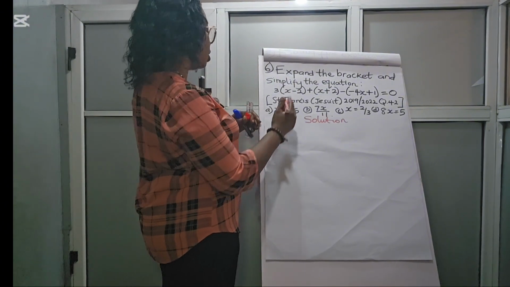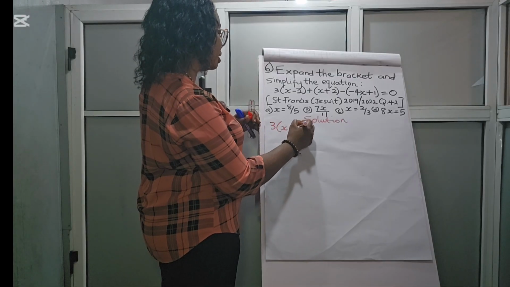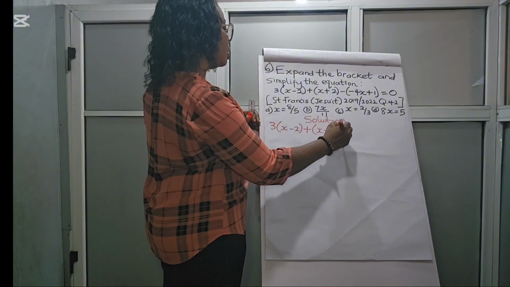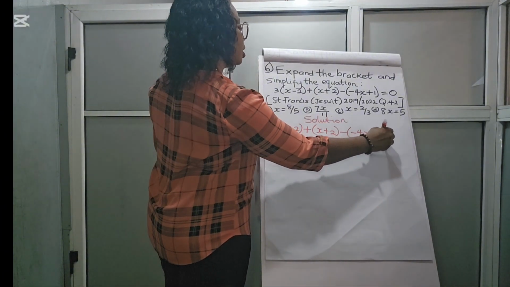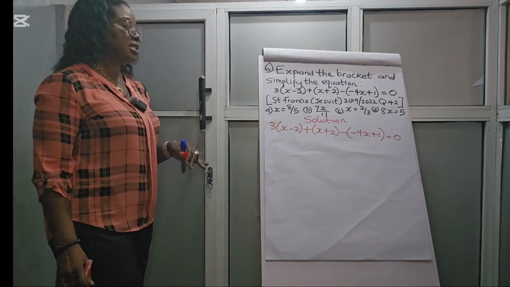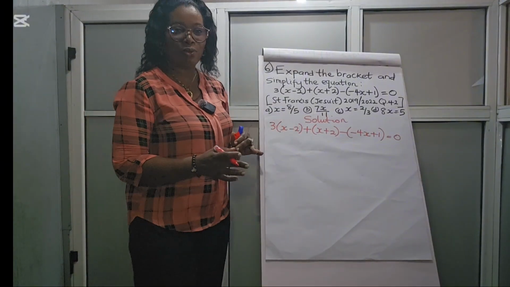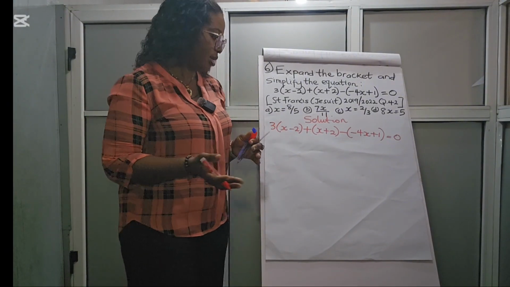Writing out this equation carefully, we have 3 into bracket x minus 2 plus x plus 2 minus 4x plus 1 equal to 0. We're going to be opening the brackets. This is a simple question on opening the brackets in algebra.